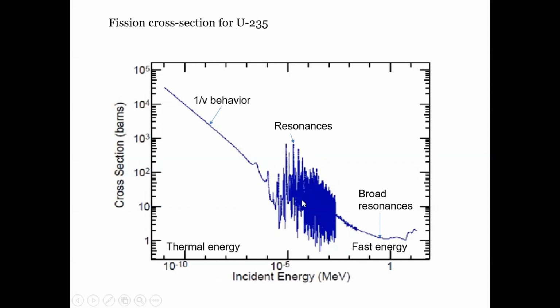You can see here for U-235, the thermal neutron cross-section is very high. Therefore, probability of reaction is very high. So fission will happen for these neutrons in a very, very high manner. Manifold 10 to the power 4 cross-section as compared to 1.